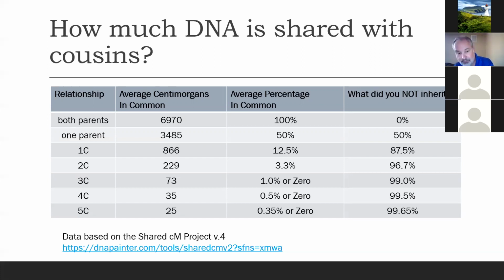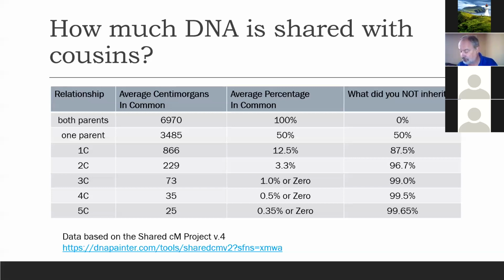To match both of your parents, 100% of your DNA is around 7,000 centimorgans. To match one parent is roughly 3,500 centimorgans, depending on the tool, whether it's Ancestry, MyHeritage, or GEDmatch. They all vary slightly, but they're close to that. So you share 50% on average in common with each parent.